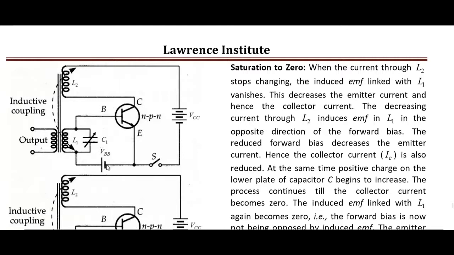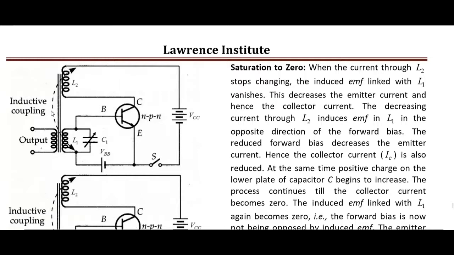And here VBB is the biasing battery, which is responsible for keeping this transistor forward biased during the positive as well as the negative half cycle of the wave. Now when the current rises, the output rises here.